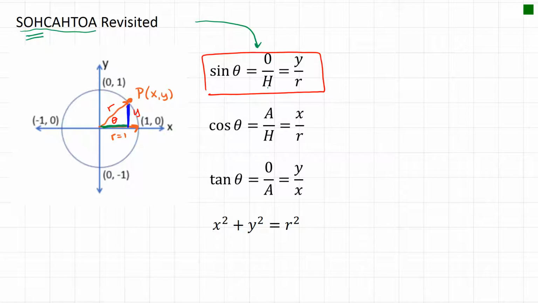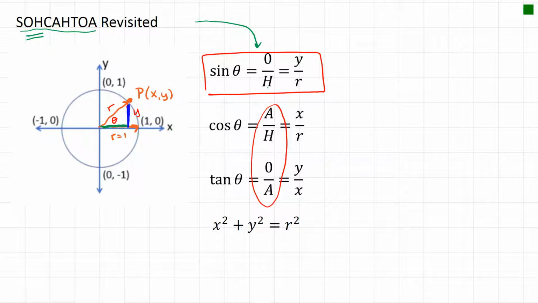So each of these acronyms that you used to use just in isolation, without putting them on the XY quadrant plane, can now be translated into a different look. So sine is y over r, cosine is x over r, and tan is y over x.